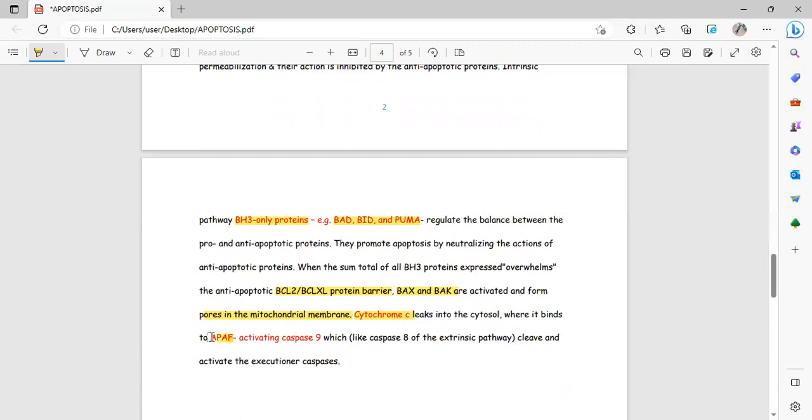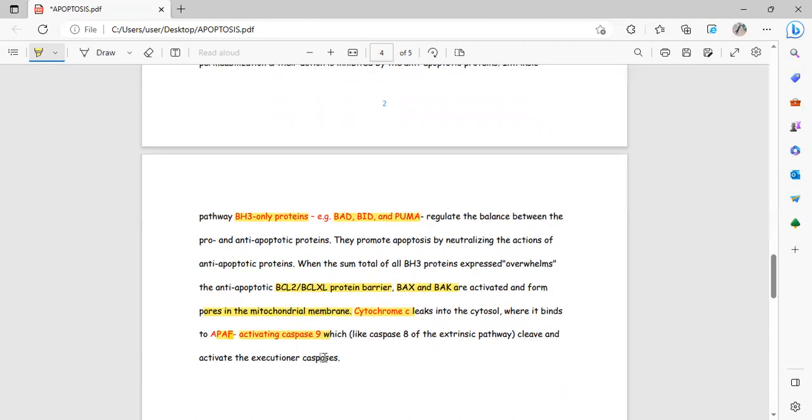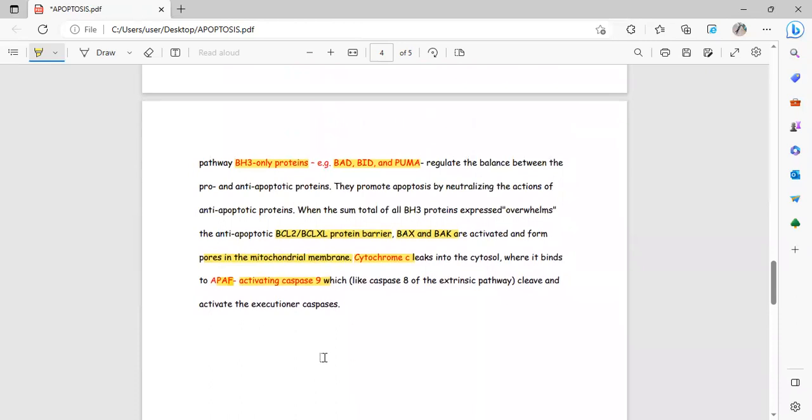APAF will activate caspase 9. Caspase 9 does the same function as caspase 8, in that it can activate caspase 3, and caspase 3 can lead to degradation of the DNA, which leads to apoptosis. So basically, it is the same thing, a repetition.